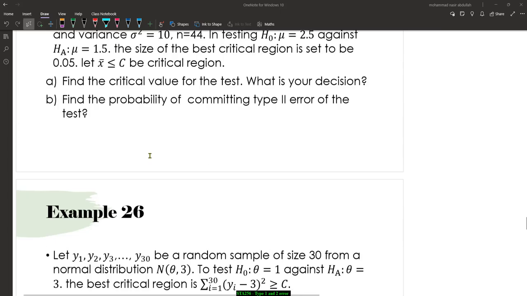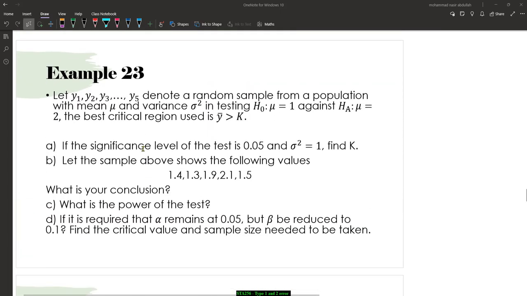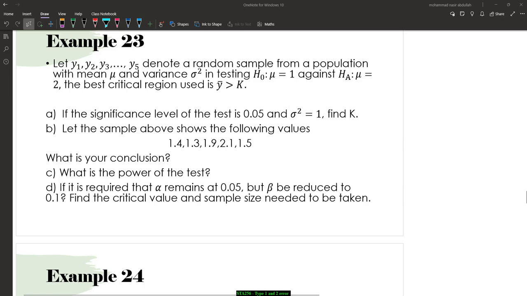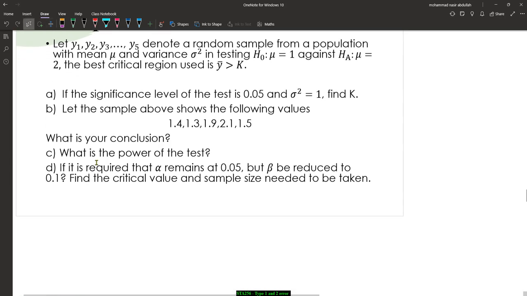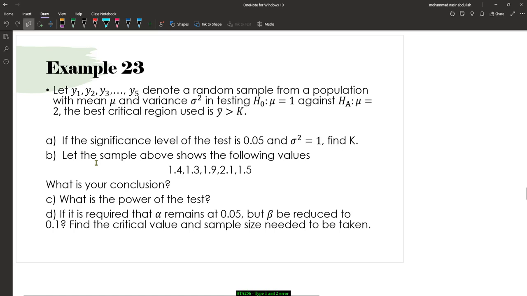Okay, let's look at 23. Right, example number 23. Let y1 until y5 denote a random sample from a population with mean equal to mu and variance equal to sigma squared. Null hypothesis mu equal to 1 against alternative hypothesis mu equal to 2.